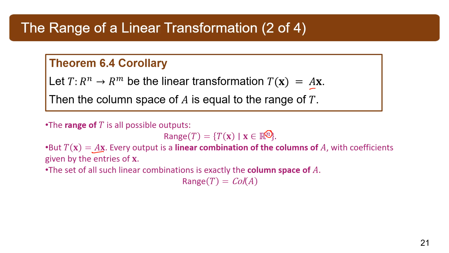So the set of all such linear combinations is exactly the column space of A. So we can say that the range of the transformation is the same as the column space of that transformation, or the column space of A.